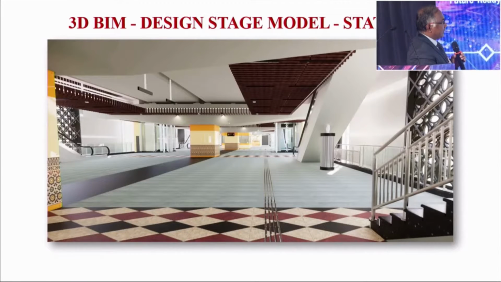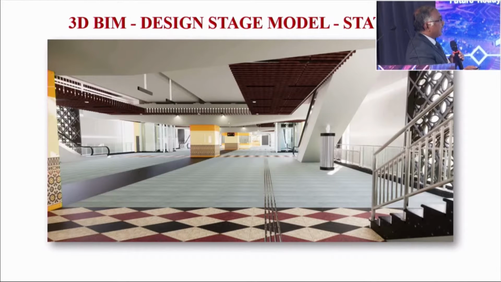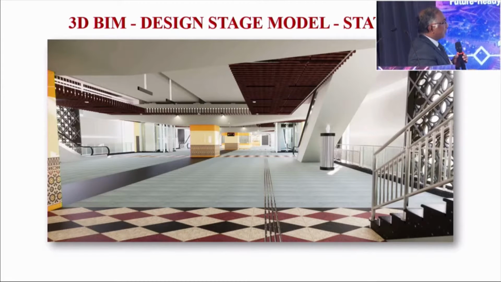If you have a station, you can see everything right from the civil, E&M, like lifts, escalators, even the type of material used, and every finishing. So you are ready with everything even before the construction starts, saving effort during small changes in construction.